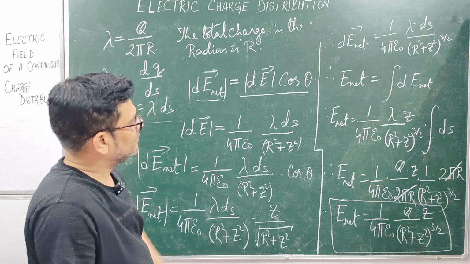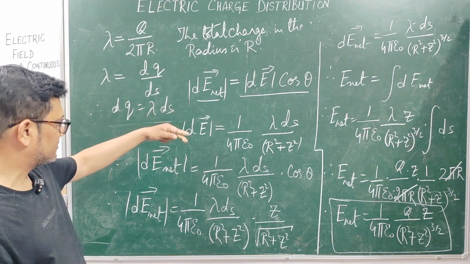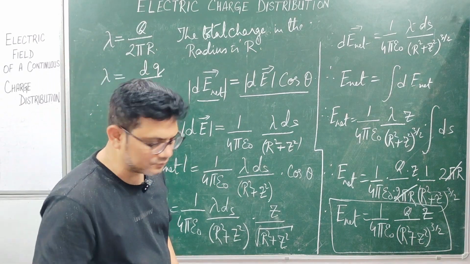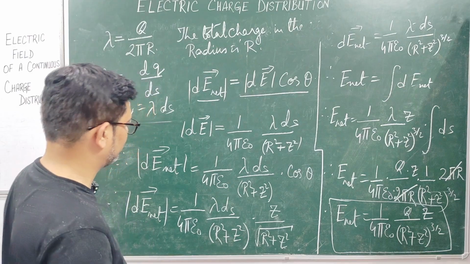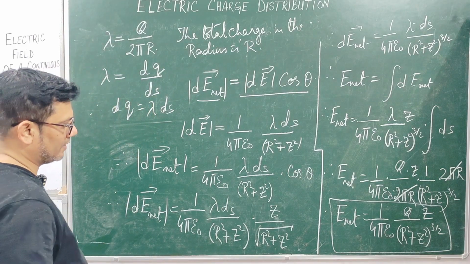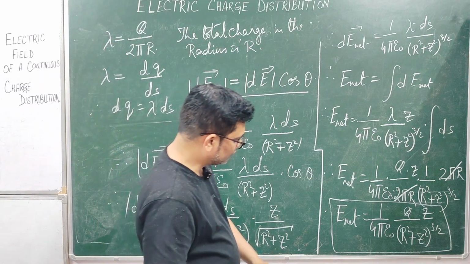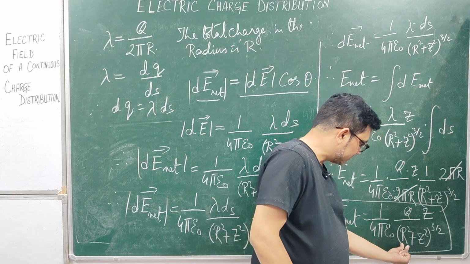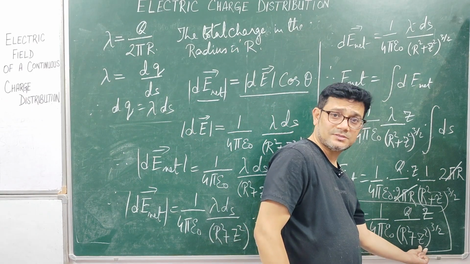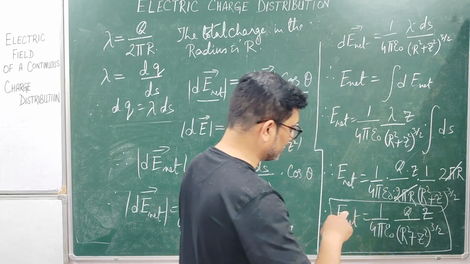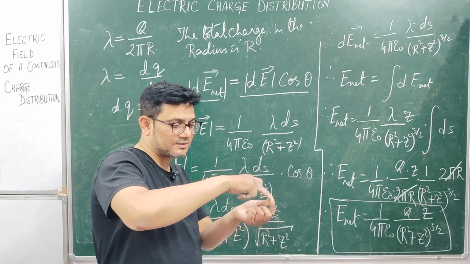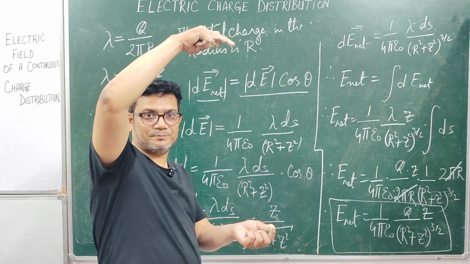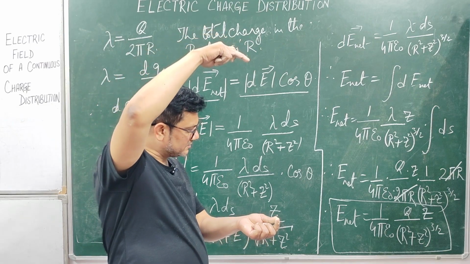Take down, it's extremely important to understand the step by step approach, how we have used the calculus to figure it out. Well, now here also, if you are going to approximate, suppose the radius, if you compare with the distance z, and if you remember, z was the distance from the center of the ring to that point P on the axis, z axis.